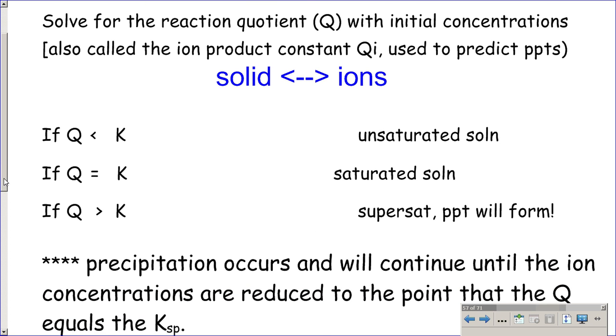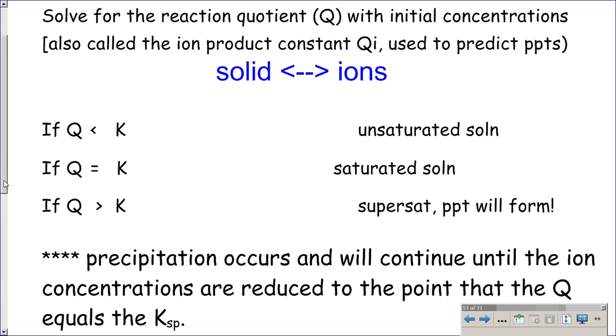Generally, as a verbalization of what these values mean, because this is very quantitative, to say Q is less than K, and so on, sometimes you have to itemize or discuss it qualitatively as well. So if Q is less than K, I'm going to use my example from earlier, silver ion and chloride ion.